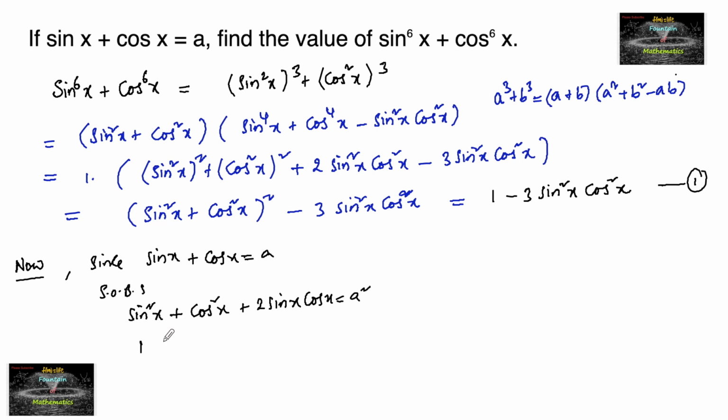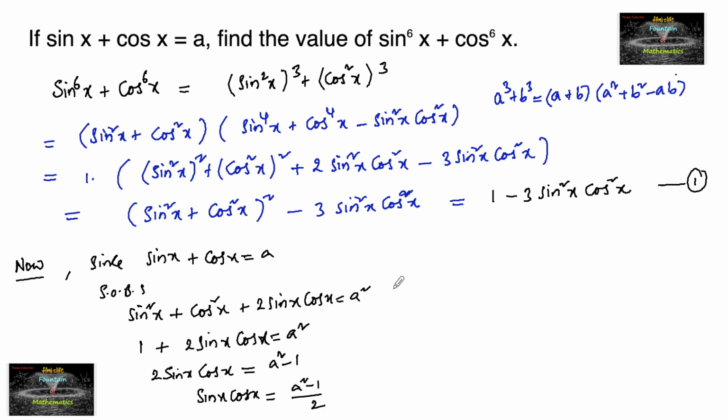So we have 1 plus 2 sin x cos x is equal to a square, or 2 sin x cos x is equal to a square minus 1, or sin x cos x is equal to (a square minus 1) upon 2. So we can substitute here in the first equation.